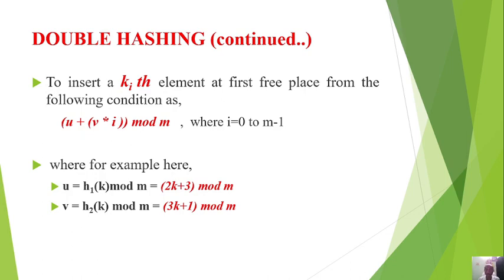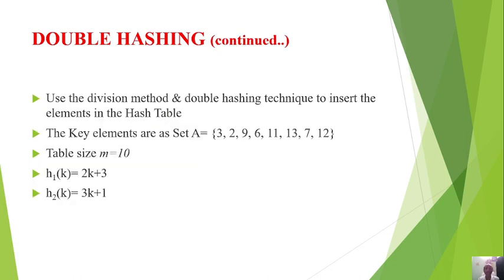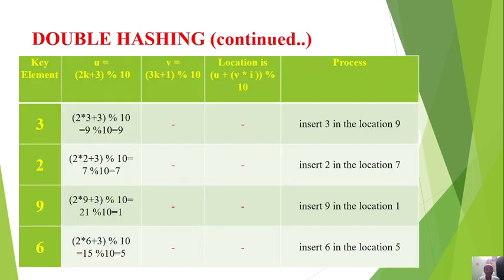We are going to insert the elements 3, 2, 9, 6, 11, 13, 7 and 12. So totally we are going to insert 8 elements in the hash table of size 10. This is a table to represent how the values are inserted into the hash table.